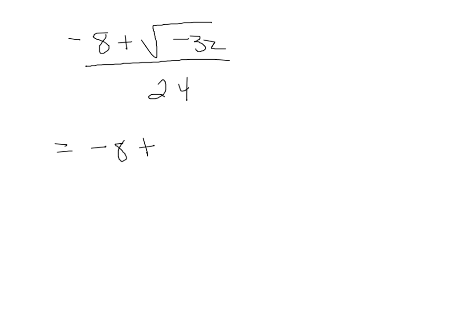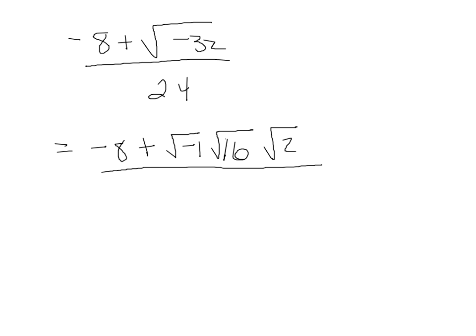Okay, let's look at -8 plus the square root of -32 all over 24. We might see something like this when we do the quadratic formula and we get a negative number under the square root. So 32 is 16 times 2, so we divide it up into the square root of -1 times the square root of 16 times the square root of 2, all over 24.